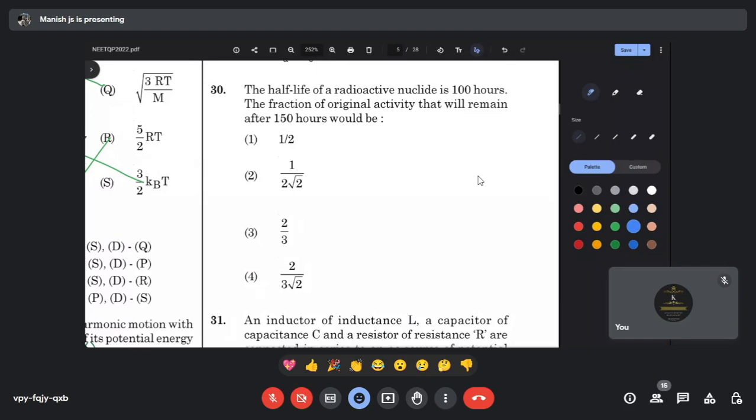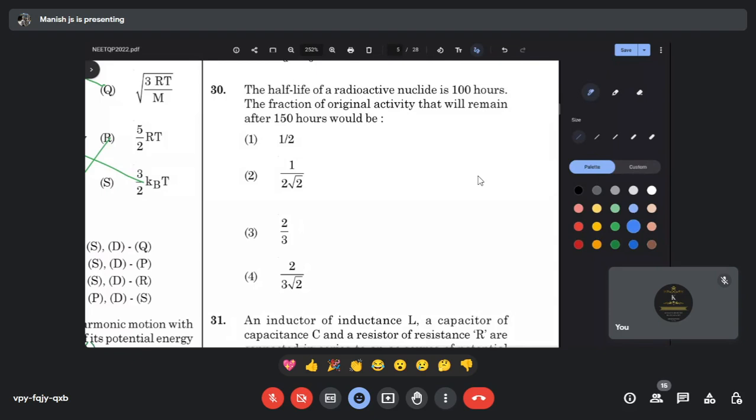Think and get me the relationship. So substitute. Use the relationship, use the formula, and tell me what is the answer for this question.